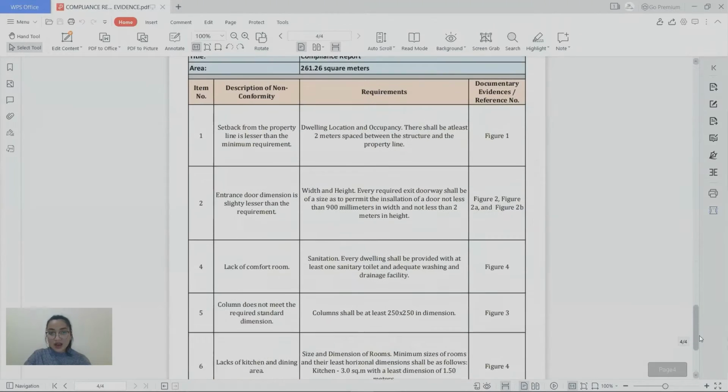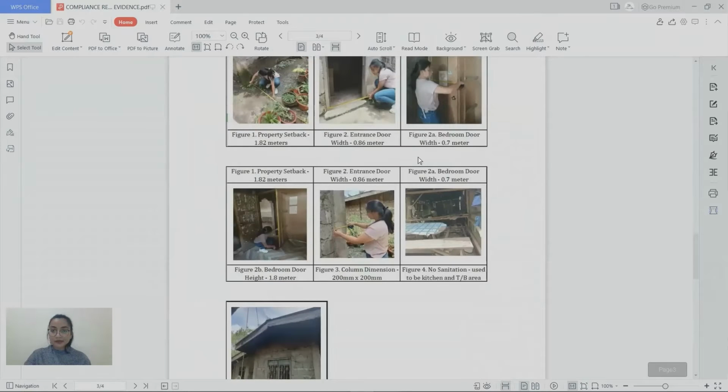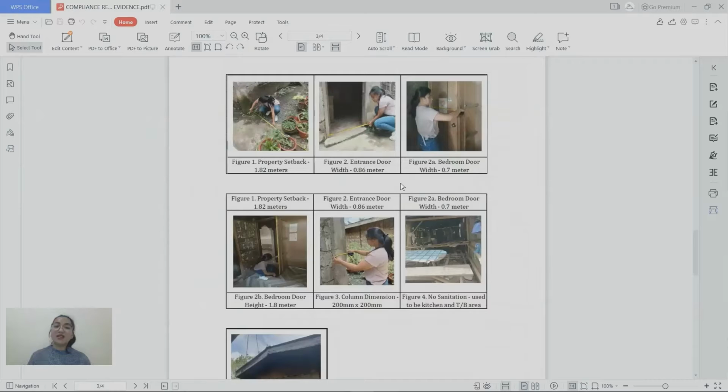And then we have the entrance door dimension is slightly lesser than the requirement. The requirement is every required exit doorway shall be sized to permit the installation of a door of not less than 900 millimeters in width and not less than 2 meters in height. So in figure 2, 2A and 2B, we can see here that the entrance door only measures 0.86.